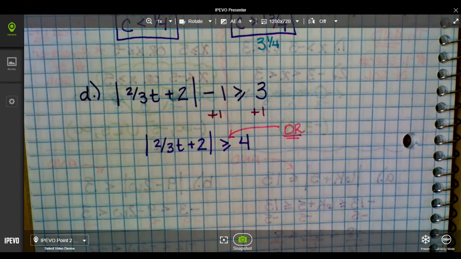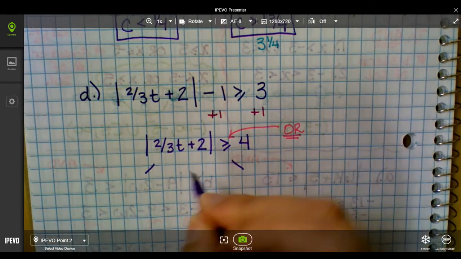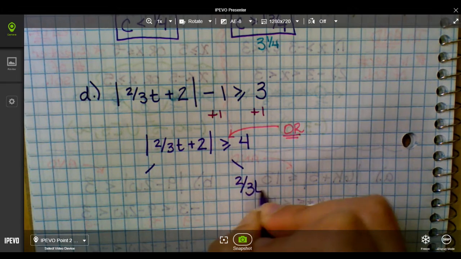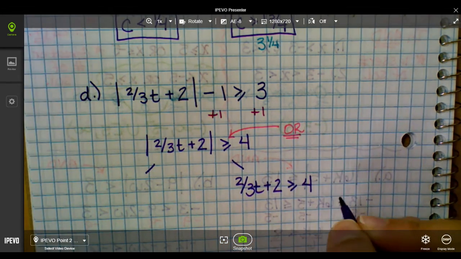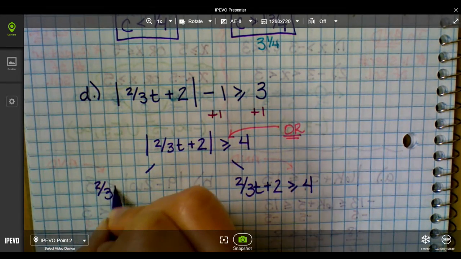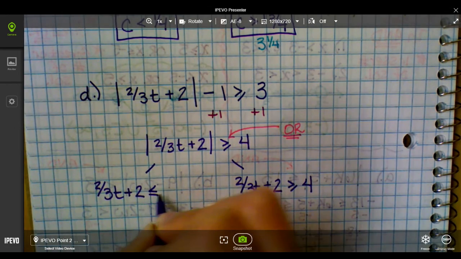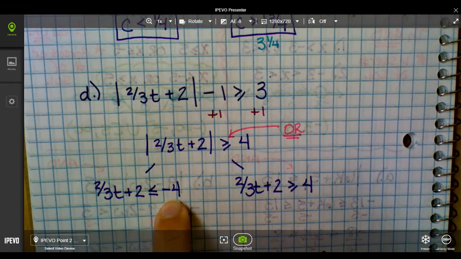So now I can split it up into my two different inequalities. Remember, this exact thing is always going to go on the right. I don't even have to change anything. It's going to be greater than positive 4. That one always just stays there. The left one has to change the sign because it wants to be less than negative 4.